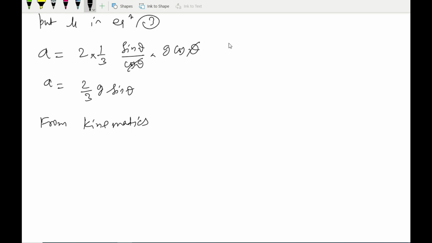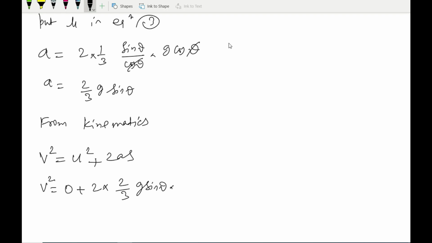You have a, you have initial velocity u, and you want to find the final velocity v when it reaches the ground. So apply v square equals u square plus 2as. So final velocity v square, initial velocity is 0, a we found out, 2 by 3 g sin theta.